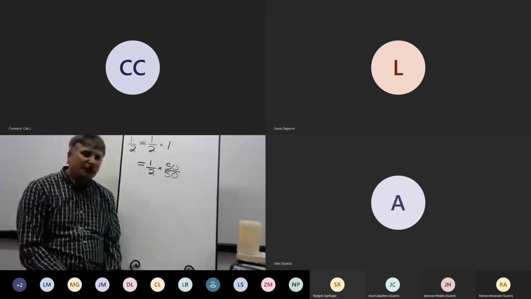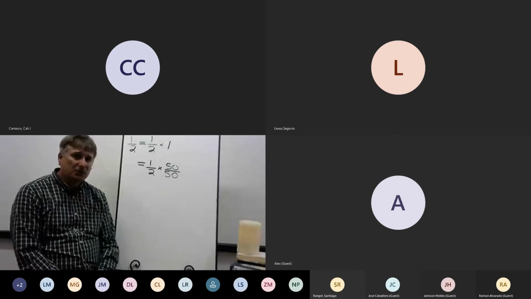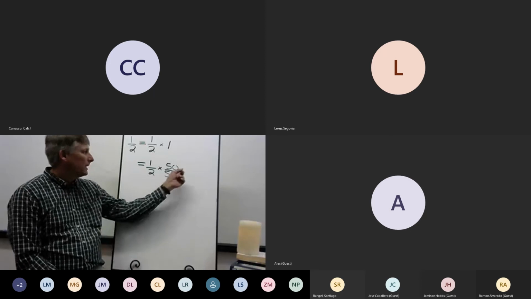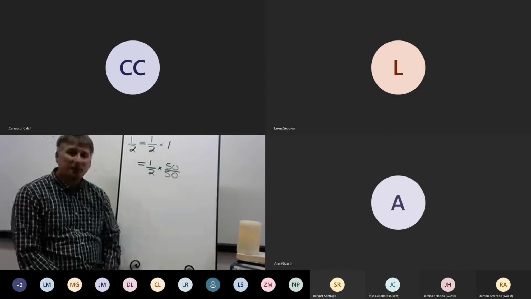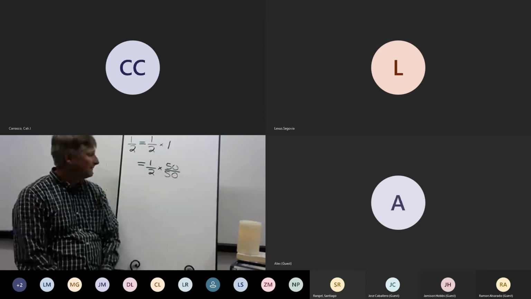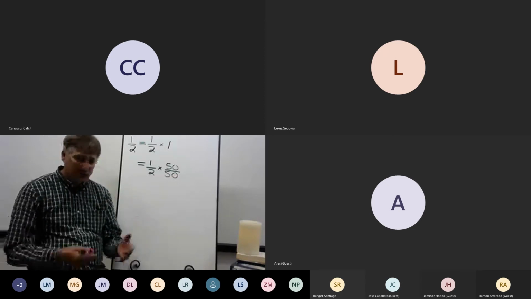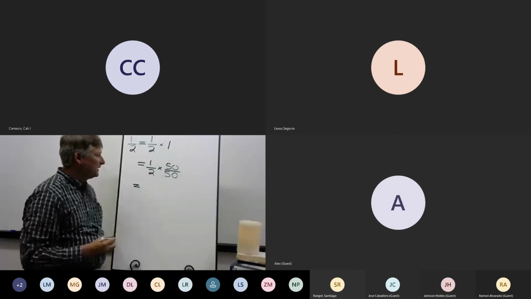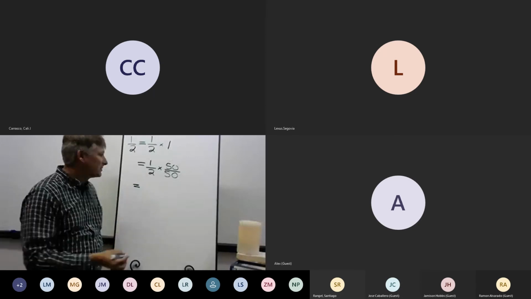Now, if you're still wrapping your head around this idea that fractions and division are the same thing, you could think of a whole as 50 parts out of 50 parts. You have the whole thing, or 1 whole. So I can write 1 as 50 out of 50. And then I use my rule for fraction multiplication.